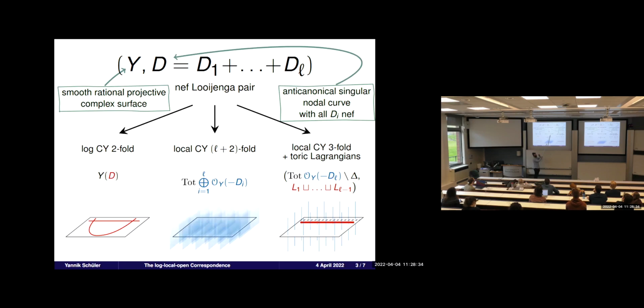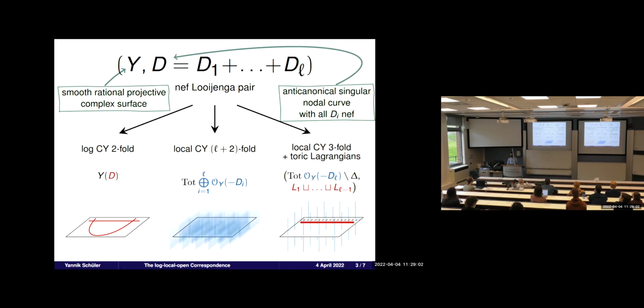Add the 2 dimensions of the base, you get an L+1 fold. And here, as I said, by convention, we only take the line bundle over the last divisor. We take this total space, delete the locus associated to the remaining divisors, and we replace the divisor by a Lagrangian.